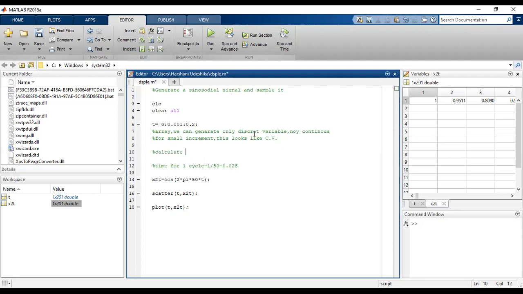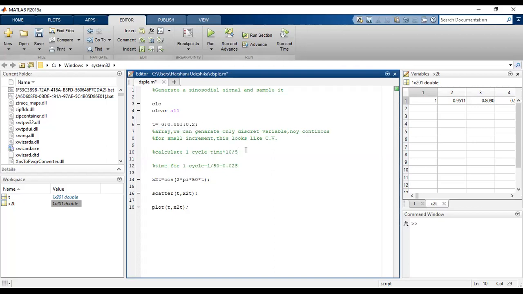What you have to do is calculate one cycle time, then decide on very few cycles. Maybe 10 or 5 is enough. So one cycle time multiplied by 10 or by 5, you can select as the time span.